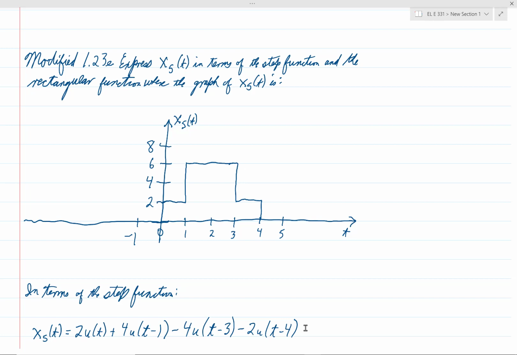But now we want to see if we can express this function in terms of this new function that we've talked about, the rectangular function. So I'd like to challenge you to turn off the video for just a moment and try to figure out how you could express this function x5 of t in terms of the rectangular function.